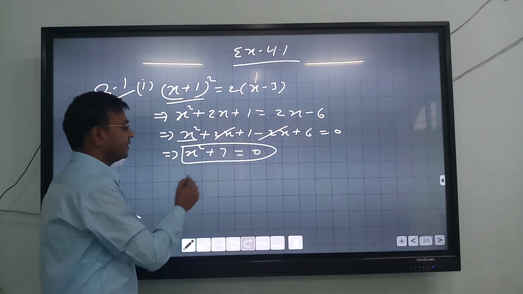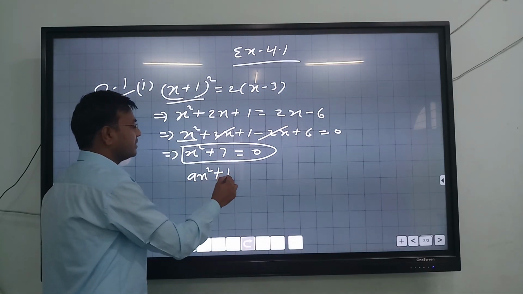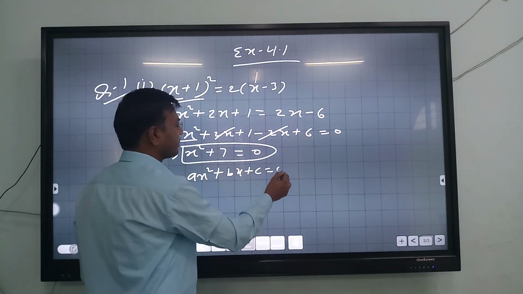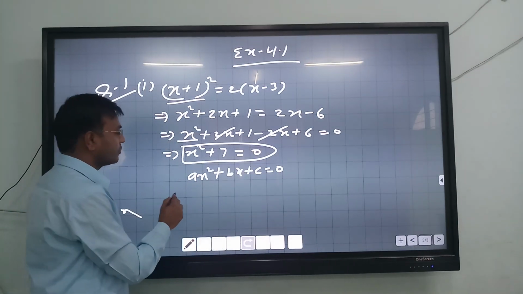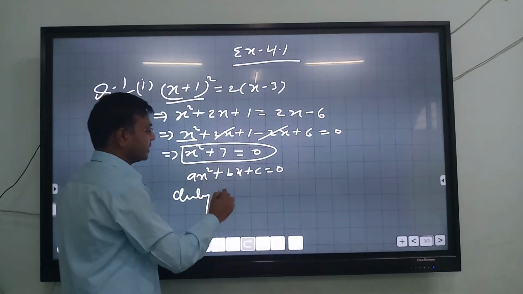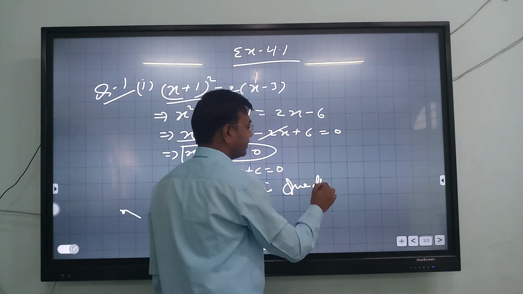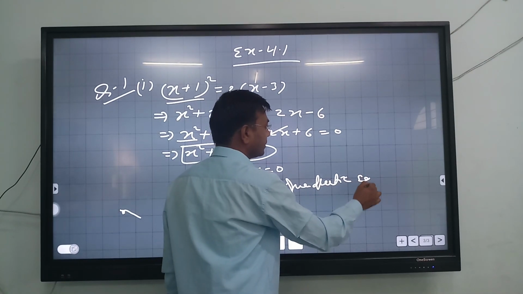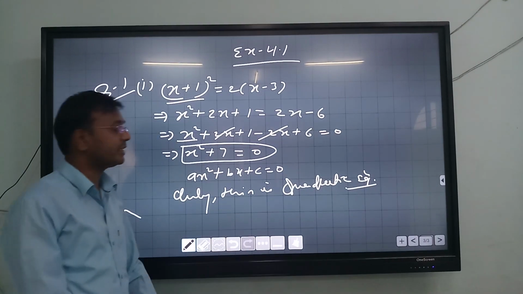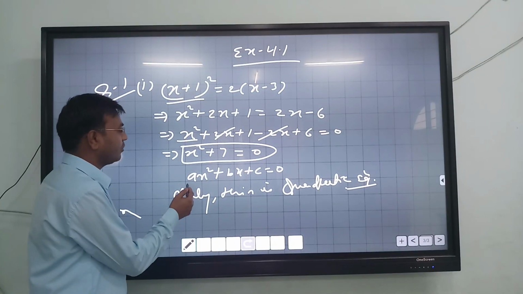So what we see is that this equation is in the form ax square plus bx plus c equals 0. So clearly this is a quadratic equation, right?